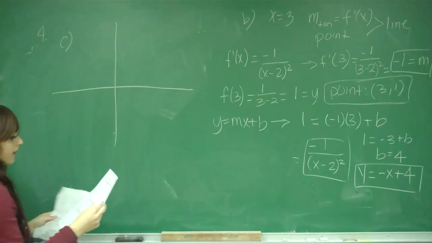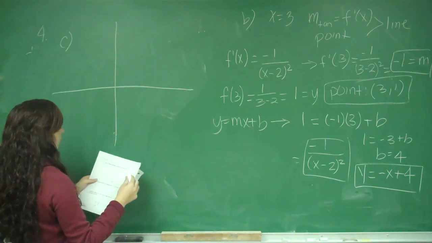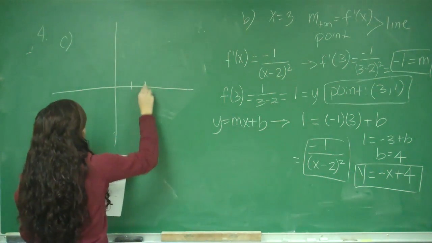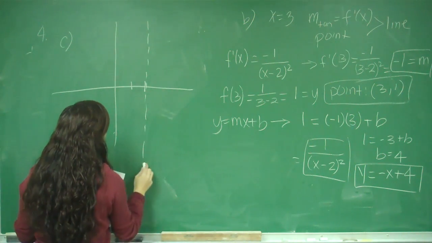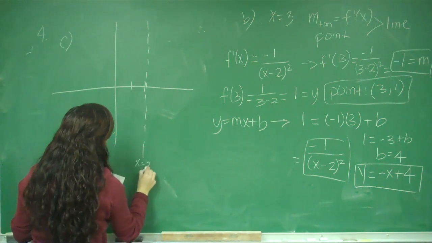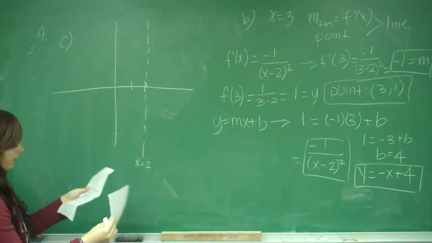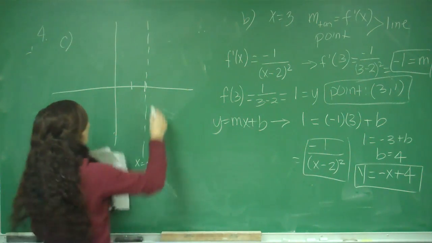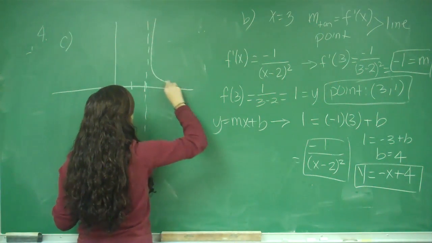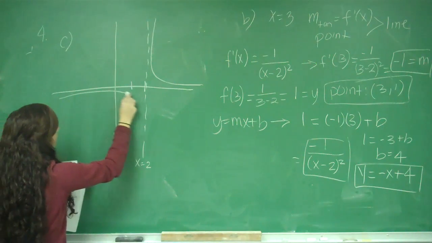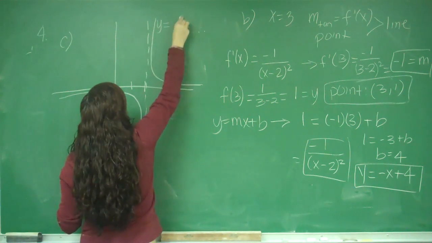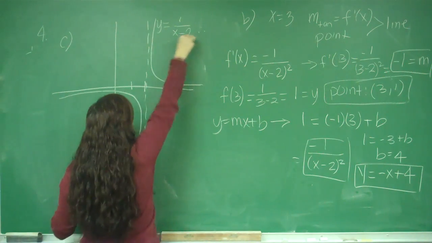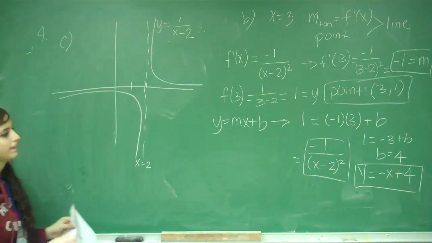So first we're going to graph 1 over x minus 2, and we know that that's going to have a vertical asymptote at x equals 2. Okay? And it's a reciprocal function, so remember the parent function is going to be here and here. And now we just need to graph the tangent line.